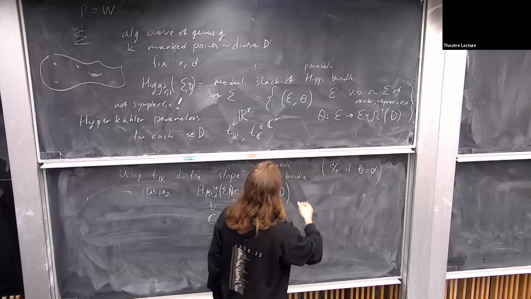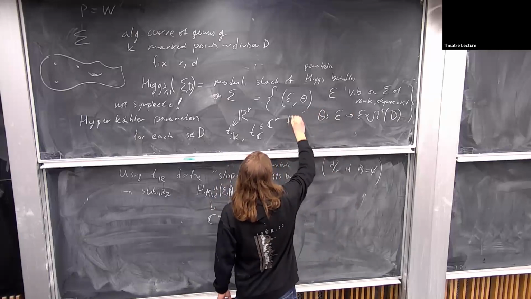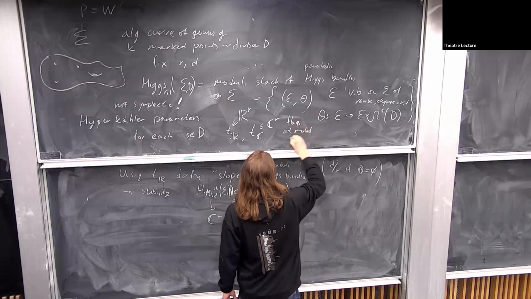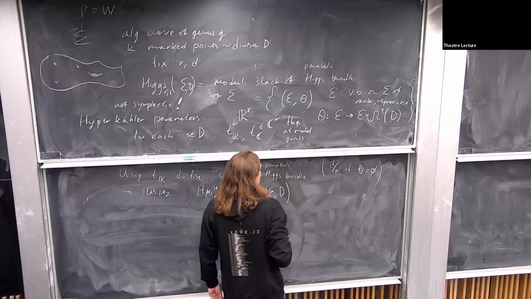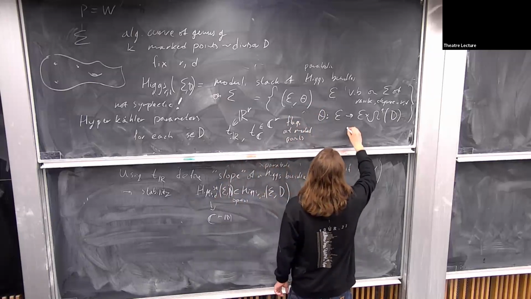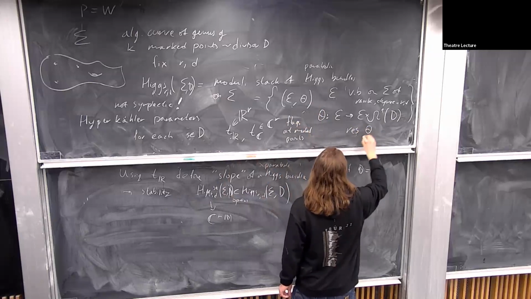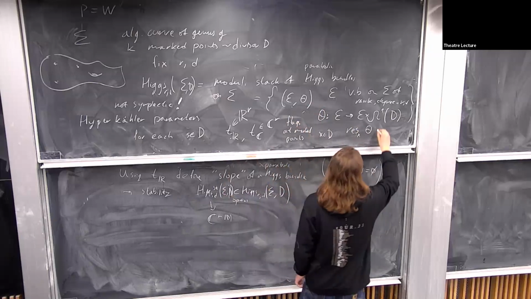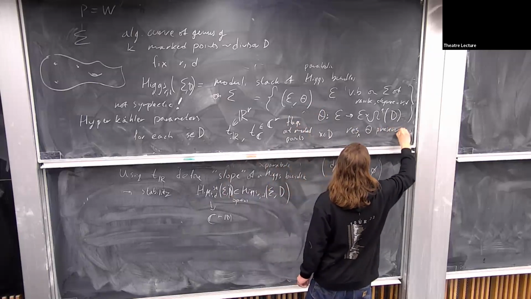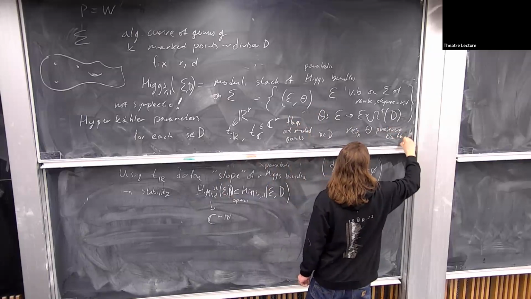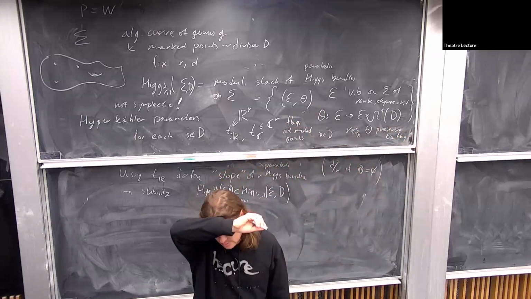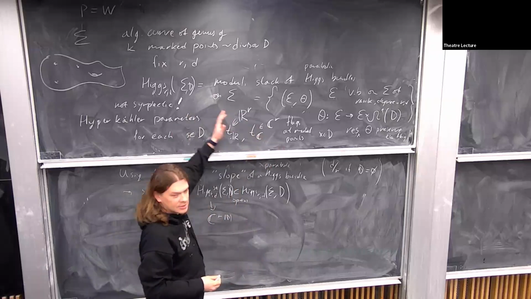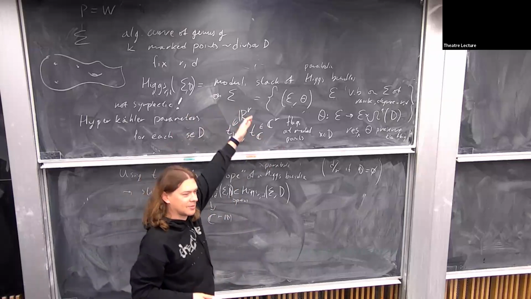Here we also need flags at marked points. And this has to respect the residue of theta at each point X, where X is in D. The residue has to preserve the flag. That's the problem with parabolic bundles. It's just too much notation, and then you kind of forget about what you want to do.